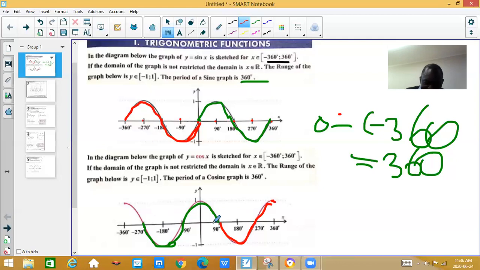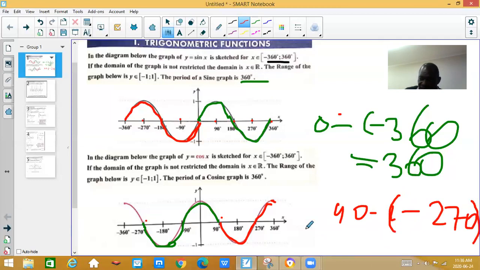So its complete cycle starts from here and ends here. So you are saying 90 minus 90 minus 270. You also realize this is going to give us 360 degrees. So we are saying the period is 360 degrees.